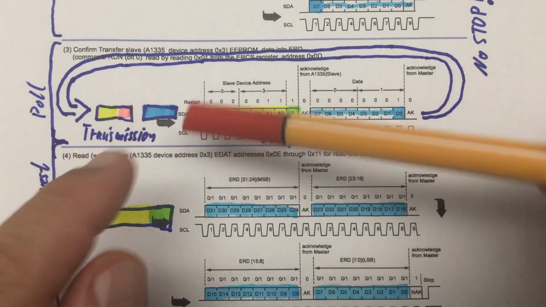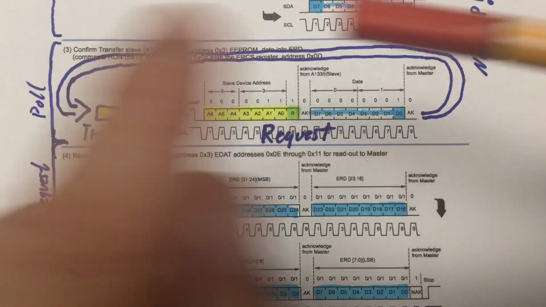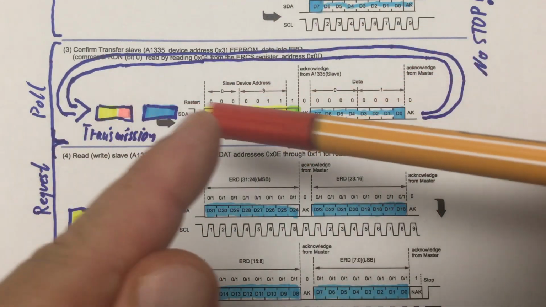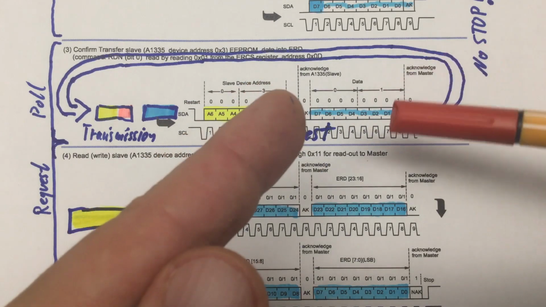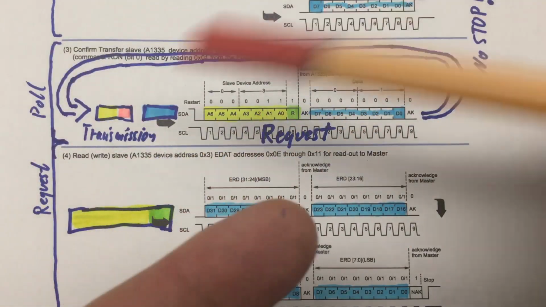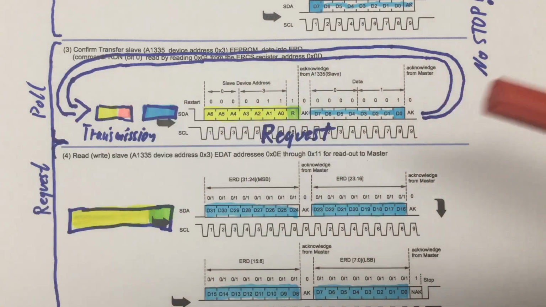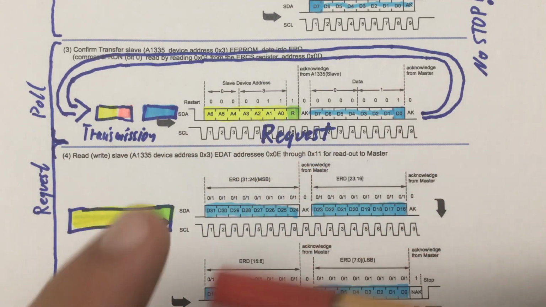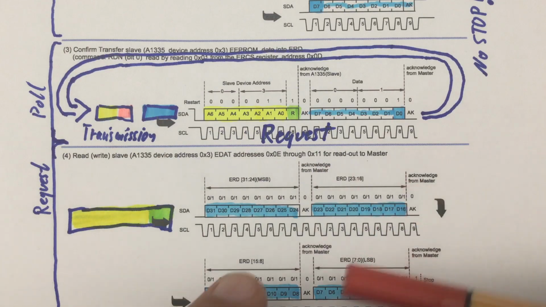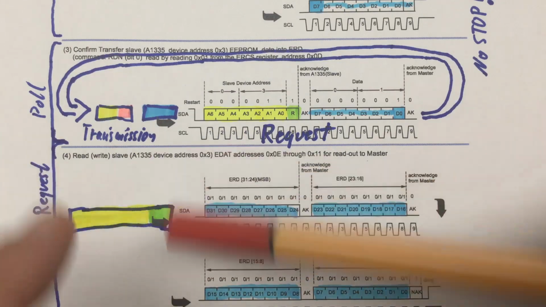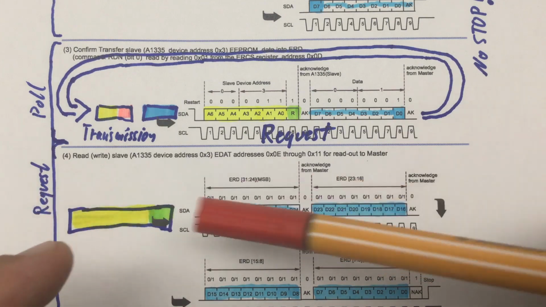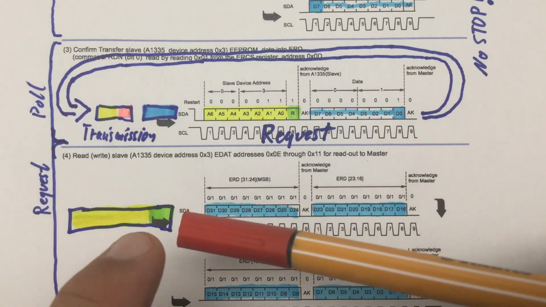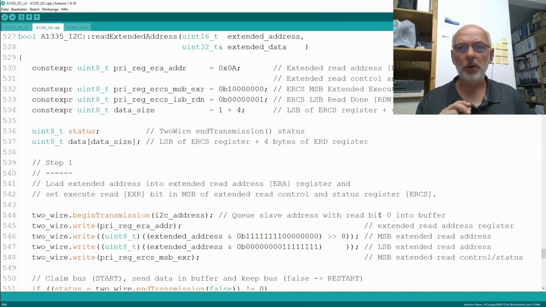First doing another transmission, just a single byte, readdressing that byte which we want to read again from the chip. Then we read that byte again from the chip and we check for the bit again, and so on until the bit is set. And then we can continue here with reading out really the 32 bits, 4 bytes of extended data. But before that, we have, of course, to do another full request with the full slave address and the read bit. Let's have a look at the code then, shall we?